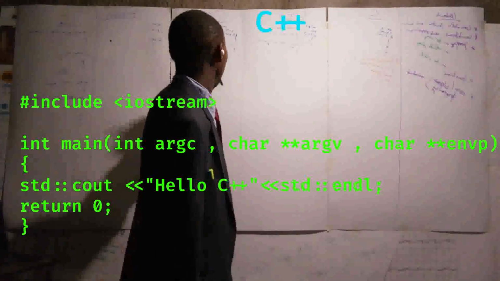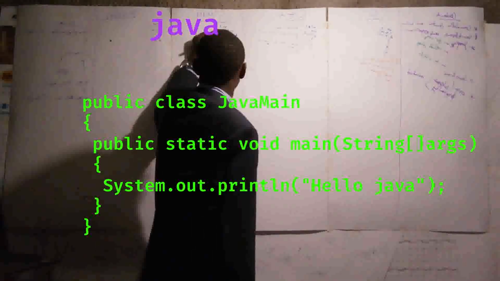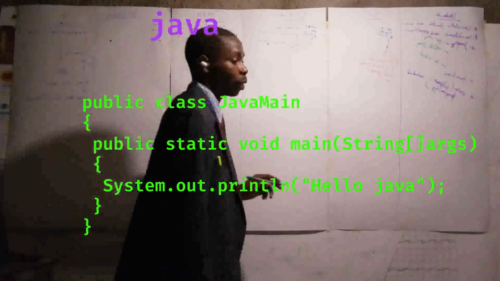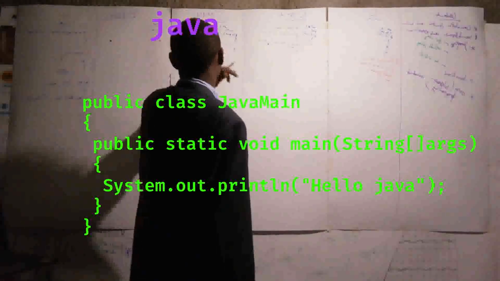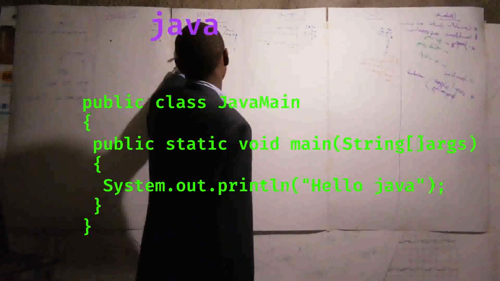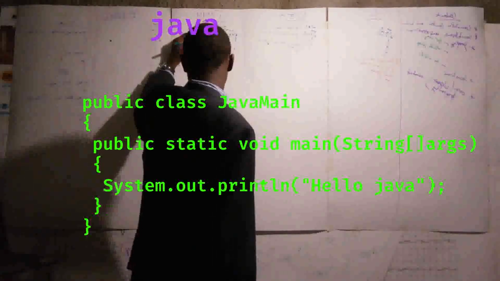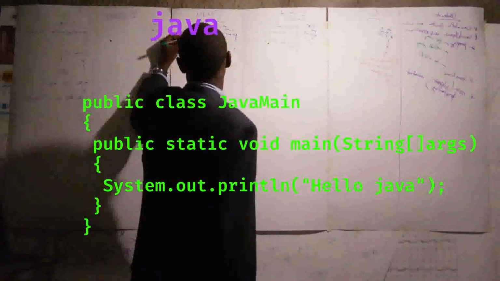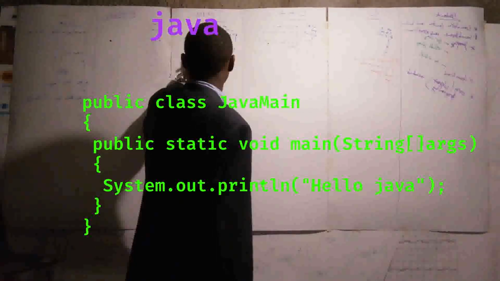So in Java code, you should first write public class. The class name, suppose, is Hello. Our class is Hello, open and close braces. Then public static void main, with the parameter String args, open curly braces, close.